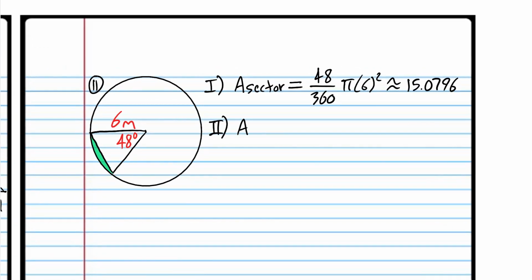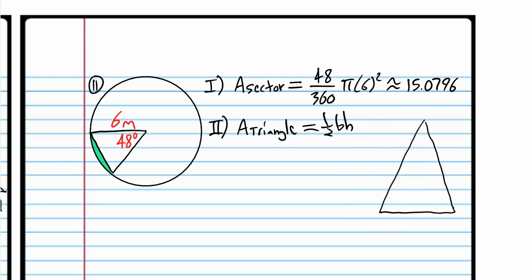And now we're going to find the area of the triangle. And the area of the triangle obviously is equal to 1/2 base times height. So we have to take that triangle out. And it's going to look something like that. Again, these triangles are not exact. It's just to show you what's going on.